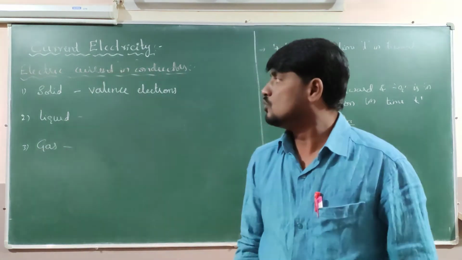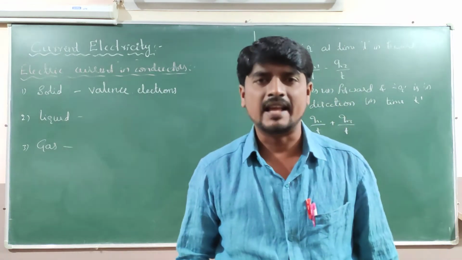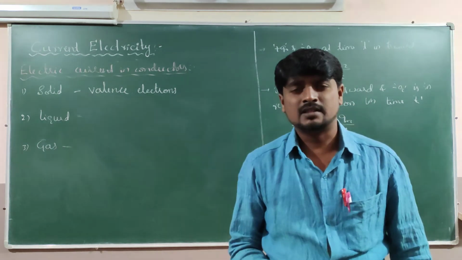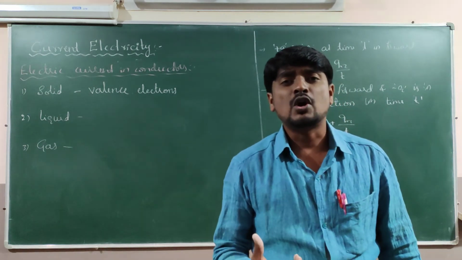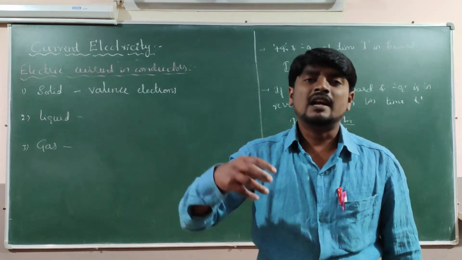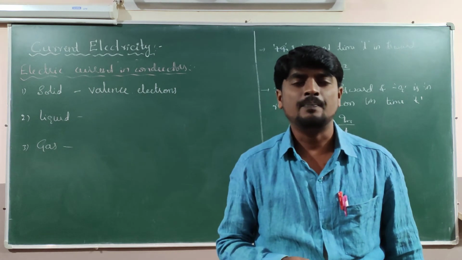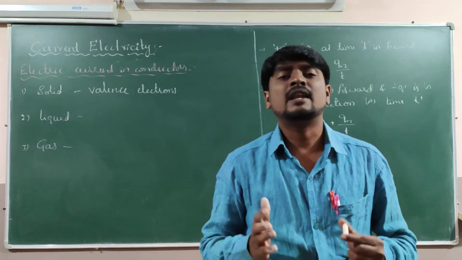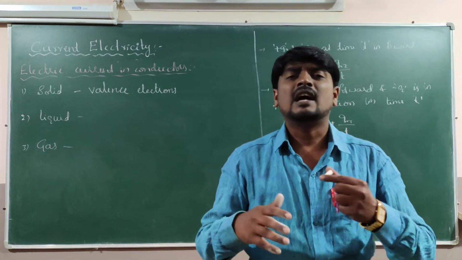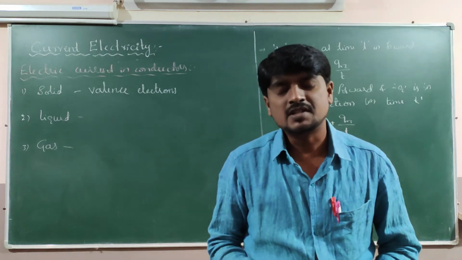Now if you move to liquids, you are already aware of Arrhenius theory of ionization, right? So we come across electrolytes. Two types of electrolytes are there, strong electrolytes and weak electrolytes. When these electrolytes are put into water, they dissolve and split into their constituent ions. If it is a strong electrolyte, the entire salt converts into its respective ions.